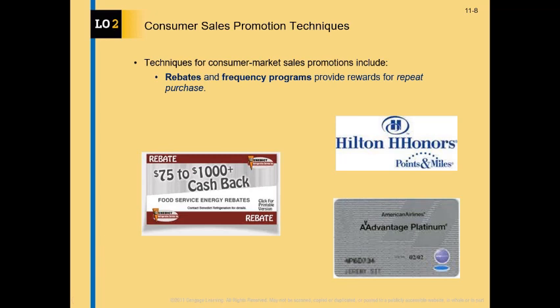Some companies use rebates, which is a form of benefit in terms of the price. At this moment you are paying the full price, but if you send this rebate claim form, you will get some money back, or some credit.